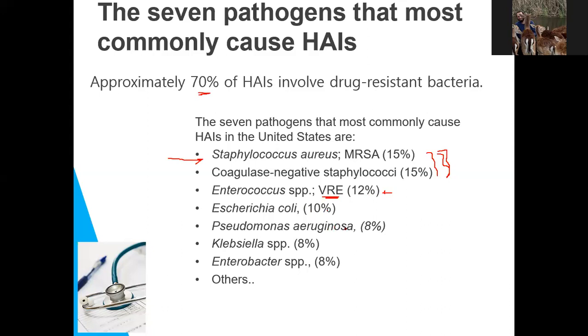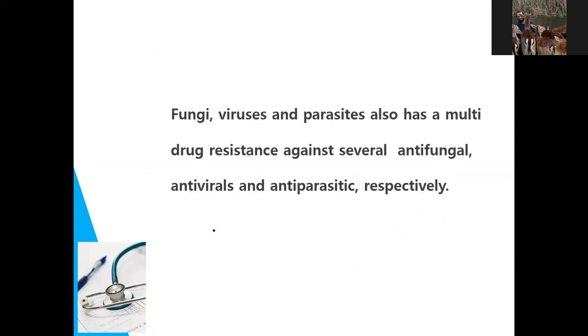Pseudomonas aeruginosa is one of the most common pathogens we encounter, especially in burn wards. We also have Klebsiella, which is respiratory as well as GI infection. Enterobacter is also a GI infection. So those are the top 7 antibiotic resistant, multi-antibiotic resistant bacteria involved in different healthcare acquired infections.